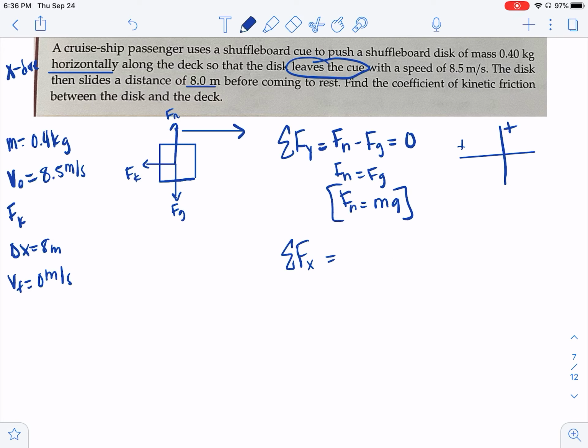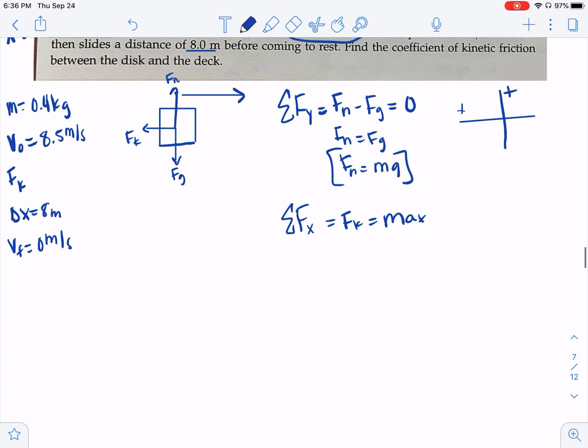The acceleration is in the direction of the force. So I'm just going to say force of kinetic is equal to m a of x. Because I'm using kinetic, I know that that is mu k times force normal. Well, force normal is equal to mg. So I can say force of kinetic is equal to mu k mg, which is equal to m acceleration.